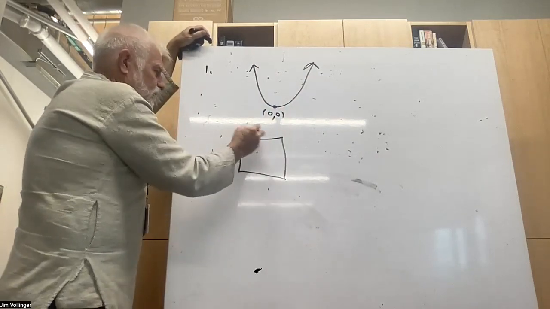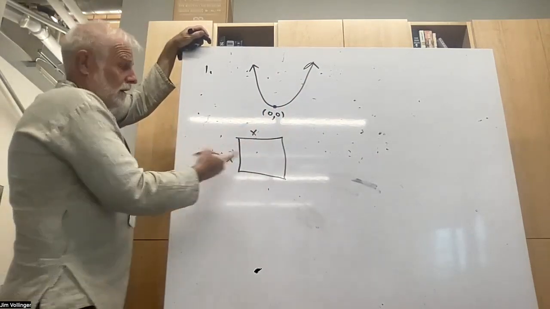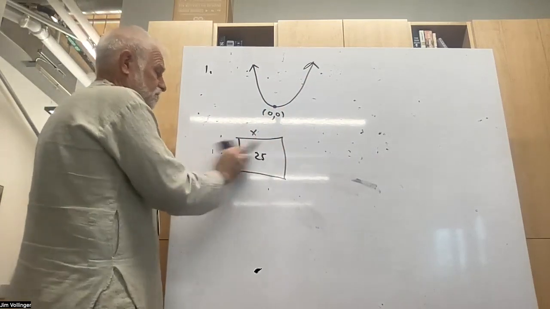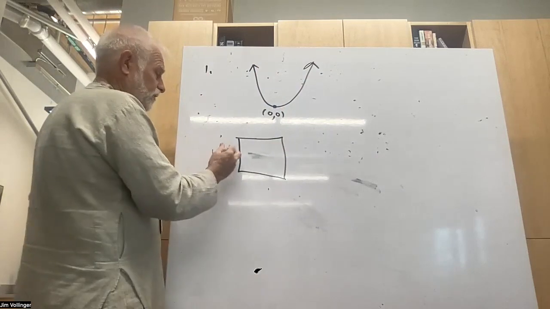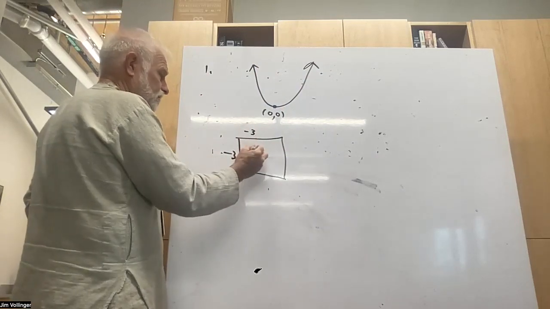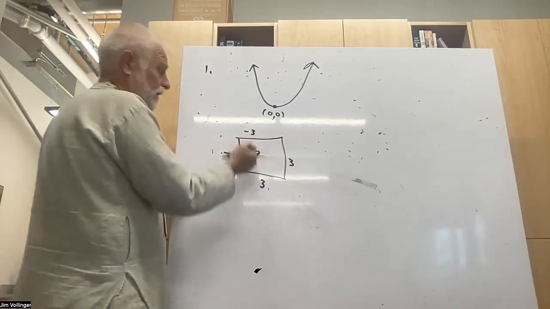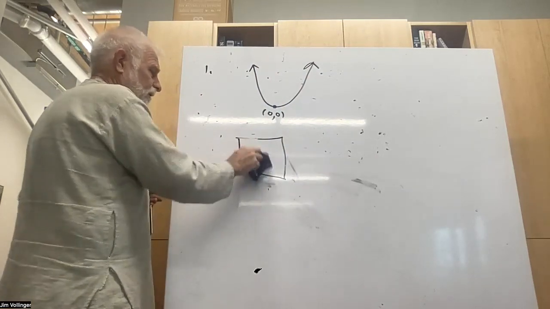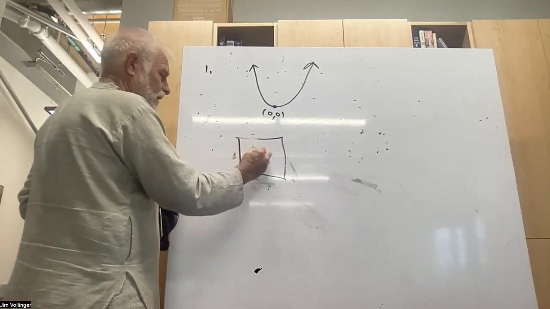Let's just square some numbers. 5 times 5, 25. -3 times -3, 9. +3 times +3, 9. You know, it looks to me like there's a trend here of positive numbers.